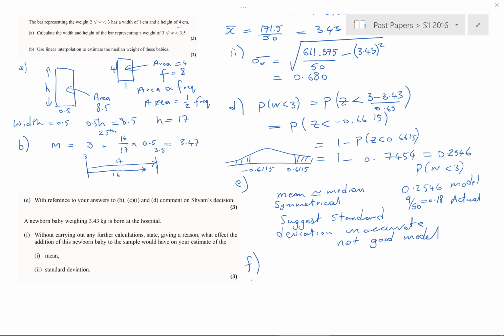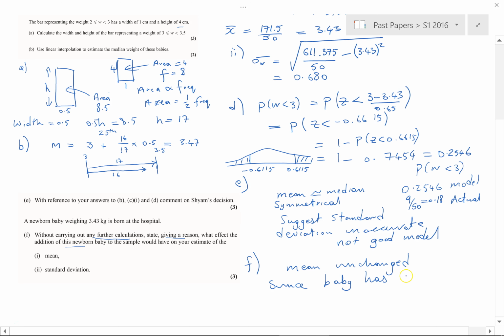So it now says a newborn baby weighing 3.43 is born at the hospital. Without carrying out any further calculation, state, giving a reason, what effect the addition of this newborn baby would have on your estimate. Well, the mean is obviously unchanged, since the baby has mean weight.